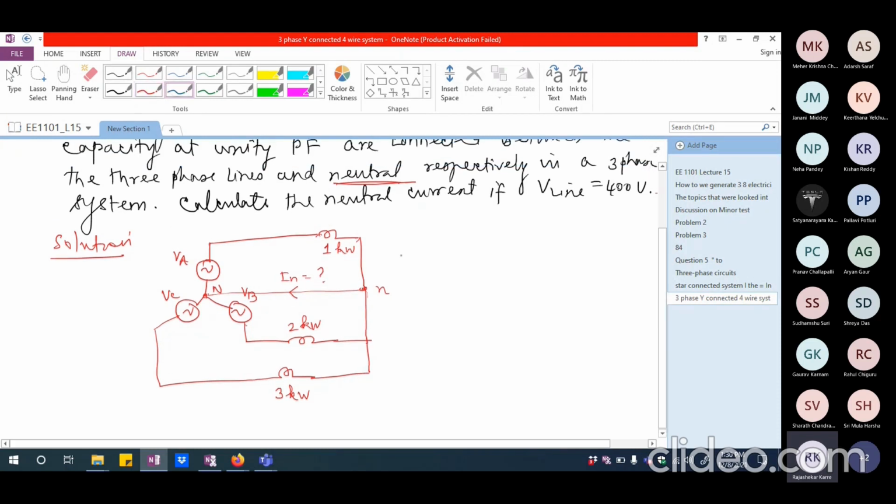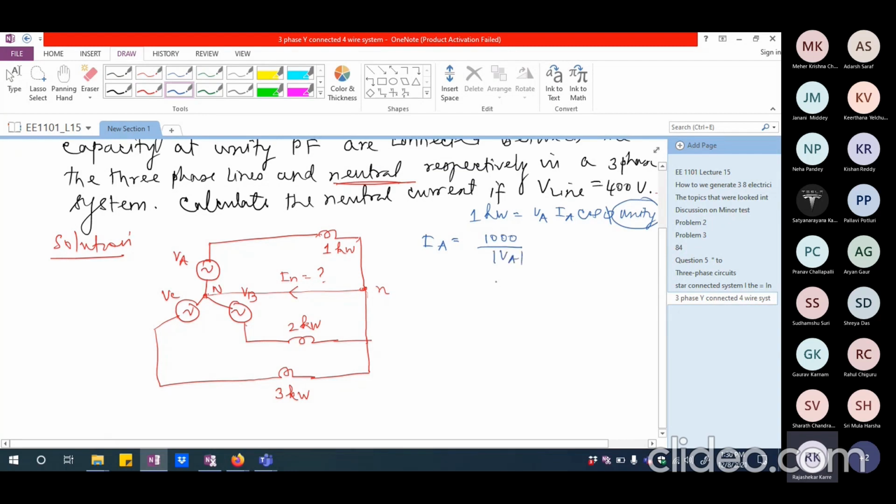So first of all, IA will be equal to, if I say 1 kilowatt equal to VA IA cos phi, and after all, cos phi is going to be unity. That's what is given. So I can write this as 1000 divided by whatever is VA magnitude.